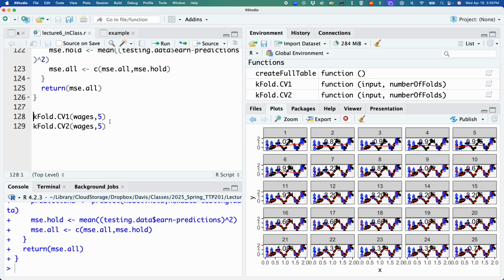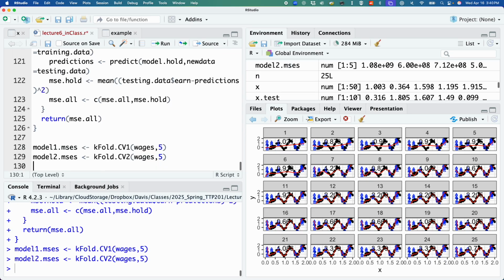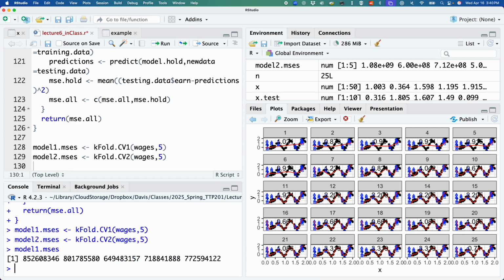Let me do this. Model 1.mses and model 2.mses. So model 1.mses, and so you've got these numbers, they don't mean anything.